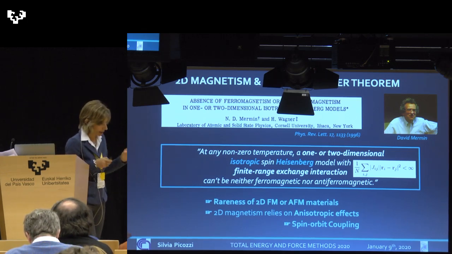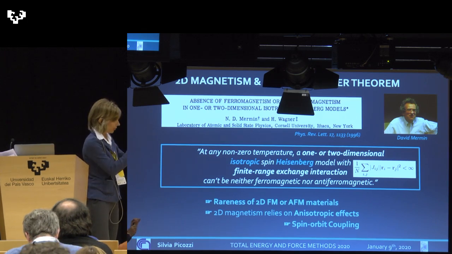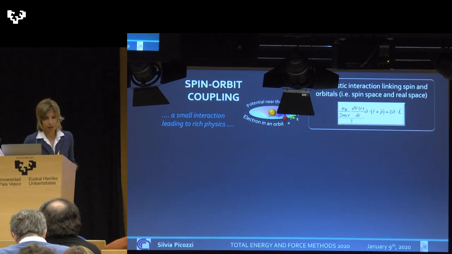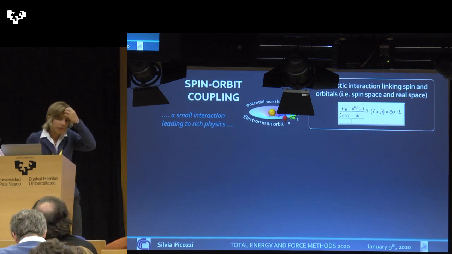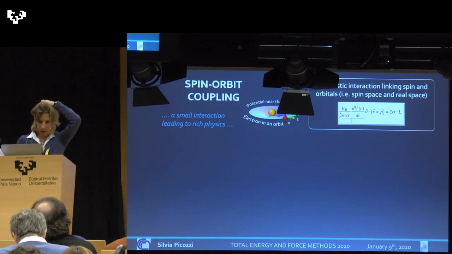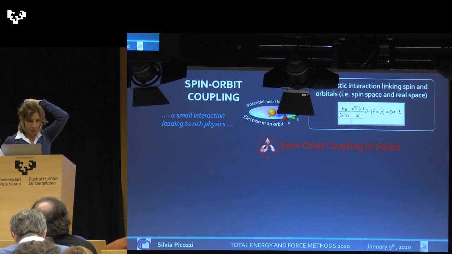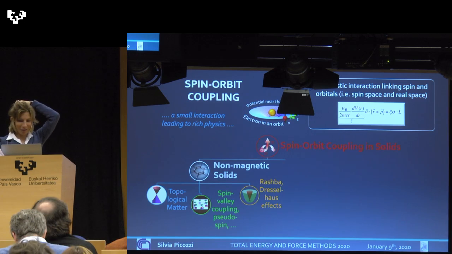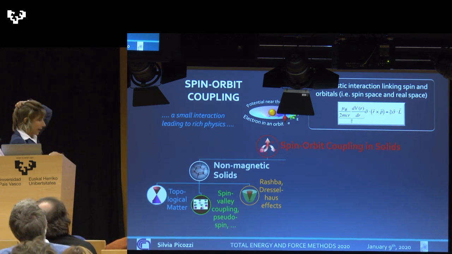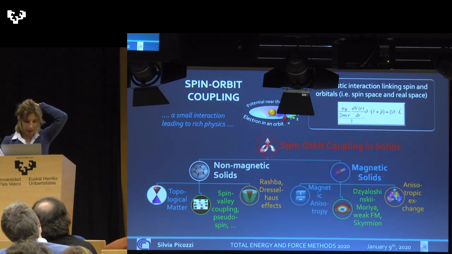And when you think about anisotropy, the driving force is spin-orbit coupling. Usually, for most of the materials we look at, spin-orbit coupling is a small interaction, but it gives rise to very rich physics, both in the magnetic realm and in non-magnetic solids. We have learned about topological matter, Rashba physics, spin-valley coupling and so on.